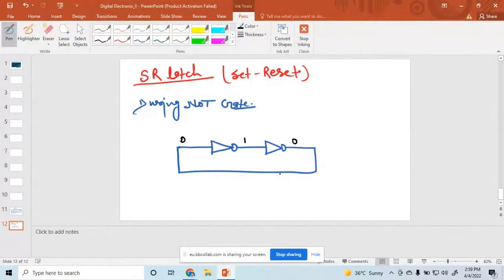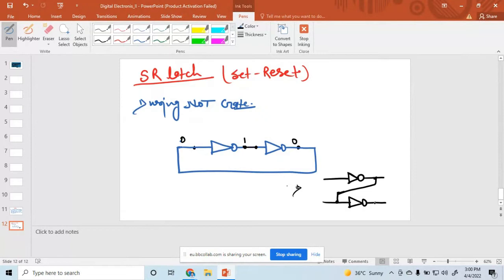Or you can arrange it this way: one NOT gate here and another NOT gate here, so two NOT gates are connected. The output of the first NOT gate is connected to the input of the second NOT gate, and the output of the second NOT gate is the input of the first NOT gate.